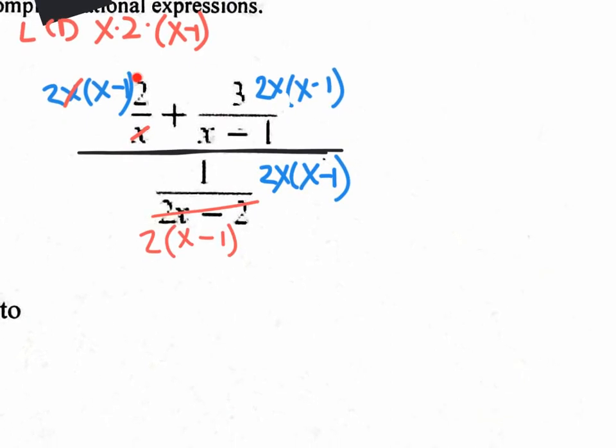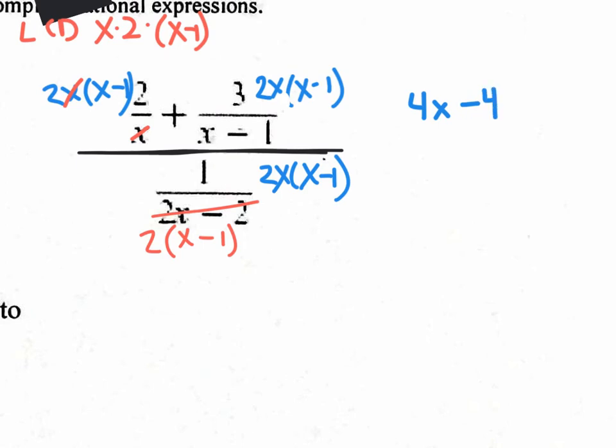What is 2 times 2? 4. Hopefully everybody's following along here. And what's 4 times x minus 1? You have to distribute the 4 to the x minus 1. And you'll get 4x minus 4. Does everybody understand?